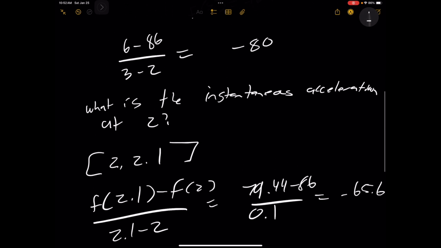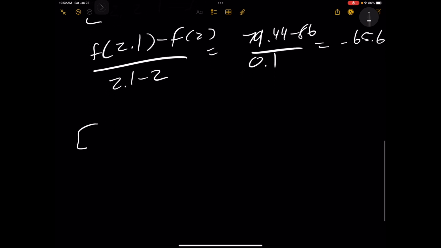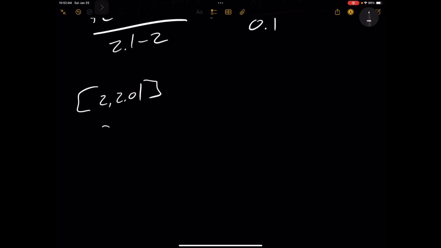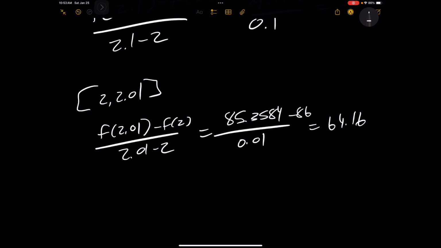If I wanted something even closer to just 2, I might look at the interval 2, 2.01, and you might see where I'm going with this. If I look at this interval, I get f of 2.01 minus f of 2 over 2.01 minus 2, which is 85.3584 minus 86 over 0.01, which gives me negative 64.16.